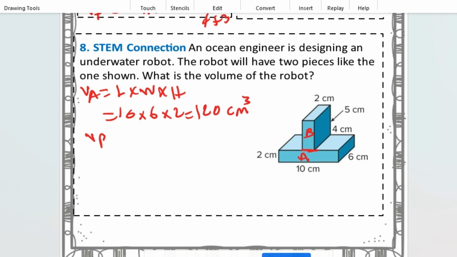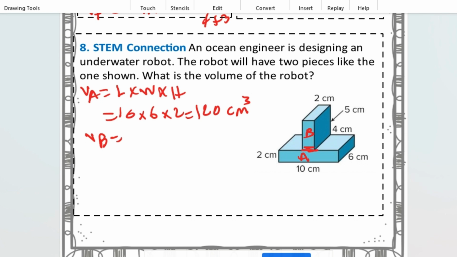Now, V of B equal what? It will be 2 times 5 times 4, or 2 times, this is V of B. So our length is what? Our width is 2. Our length is what here? No, this is the 4. Our height here is H. Our width is 2.